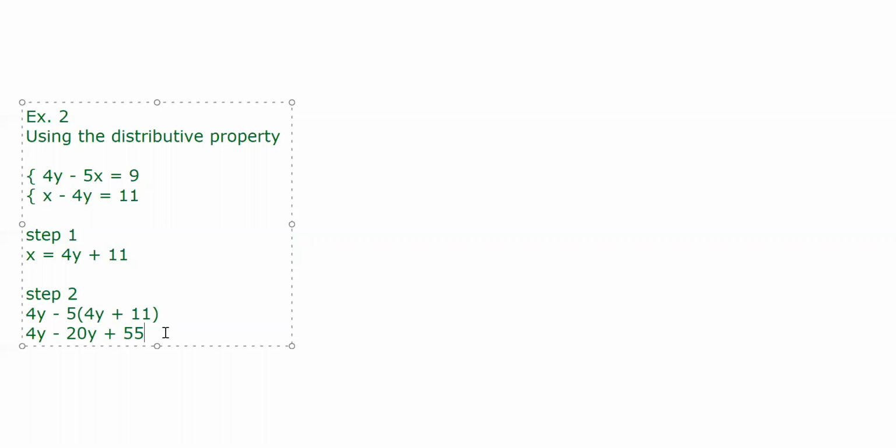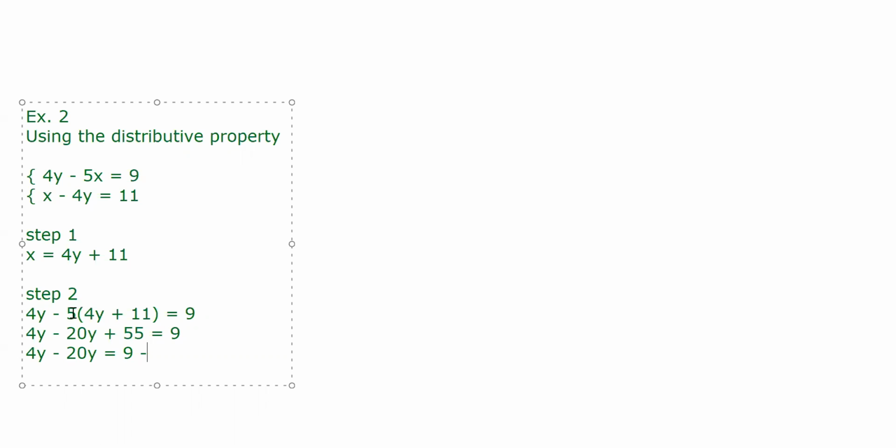And we can find the value for y. This, remember, is equal to 9. I only don't copy the 9, but it's going to be equal to 9. Okay, so we have that 4y minus 20y is equal to 9 minus 55.